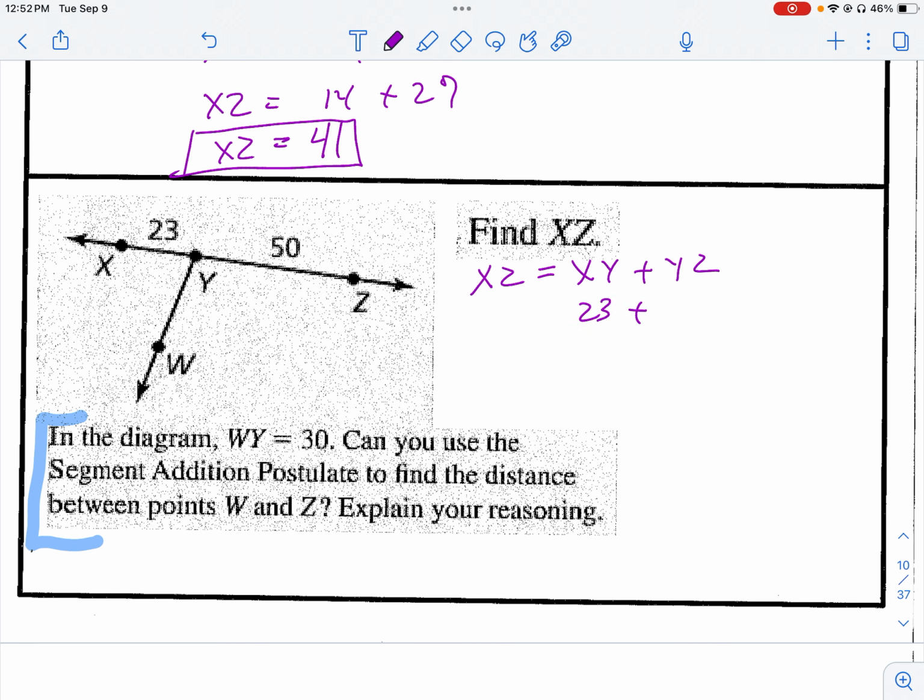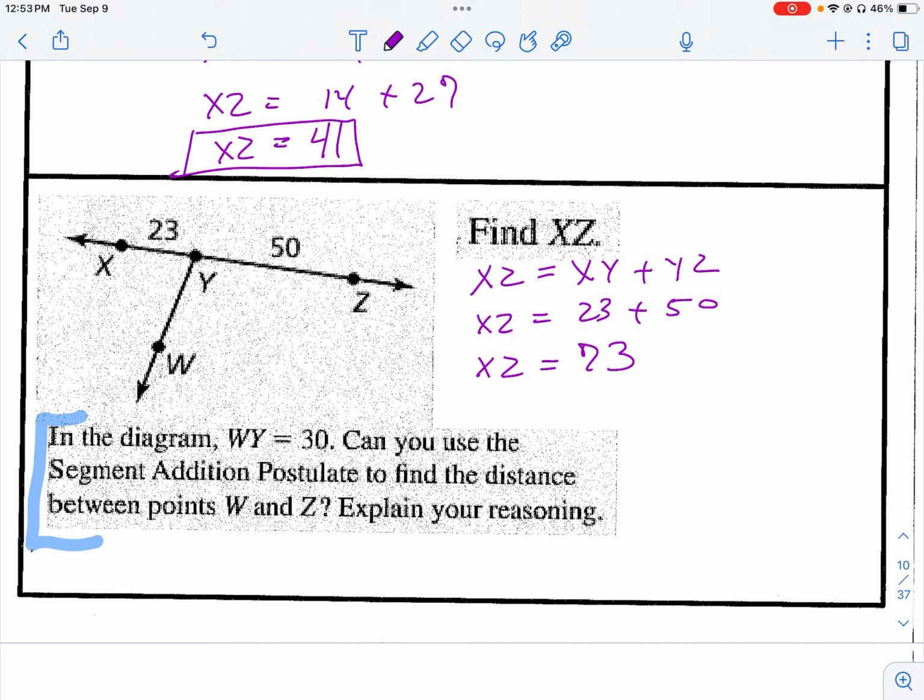XY is 23, YZ is 50. So XZ equals 23 plus 50. So XZ equals 73. Good job. So answer the question down below and pause the video, answer it, see how you did. Then hit play and we'll go over it together.